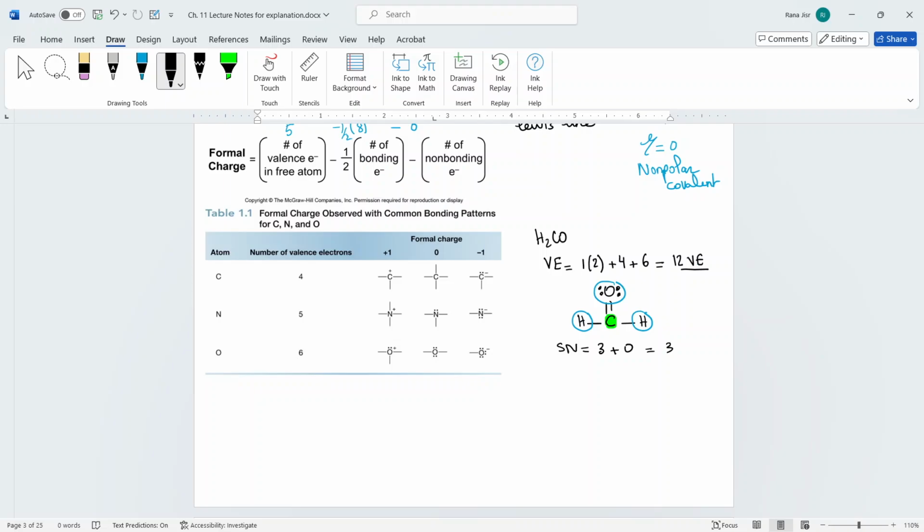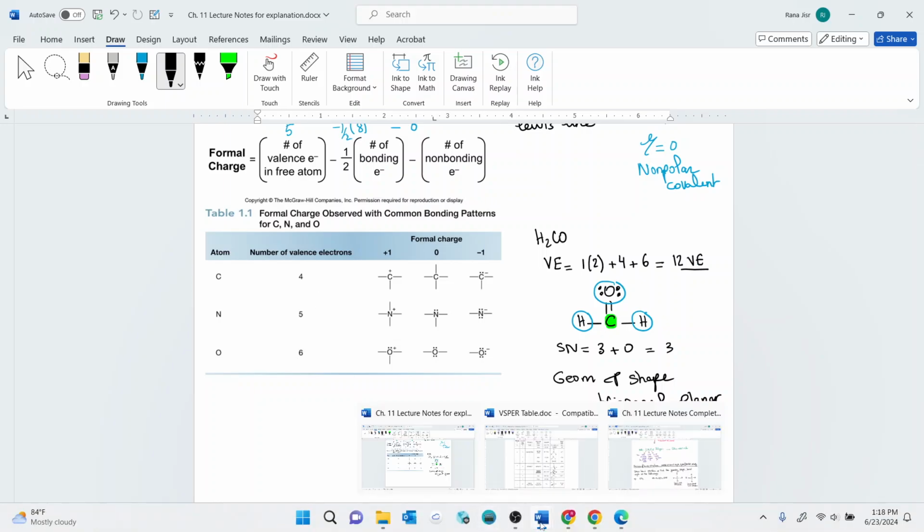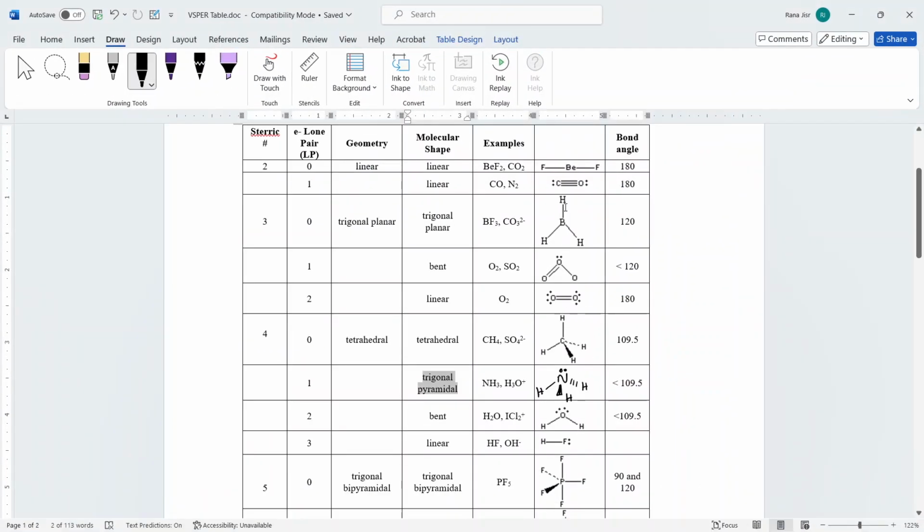Look at the VSEPR table, and both the geometry and the shape are going to be trigonal planar.